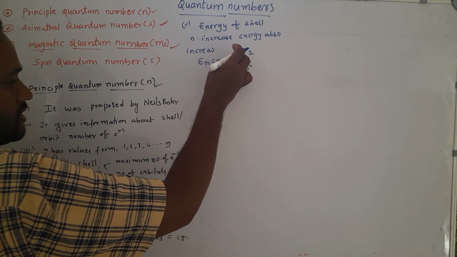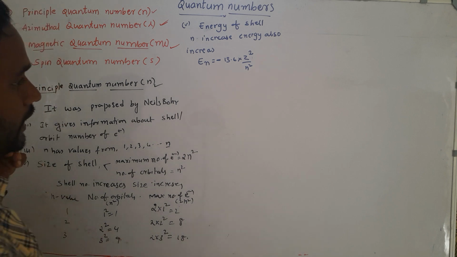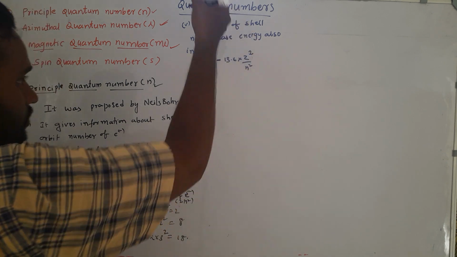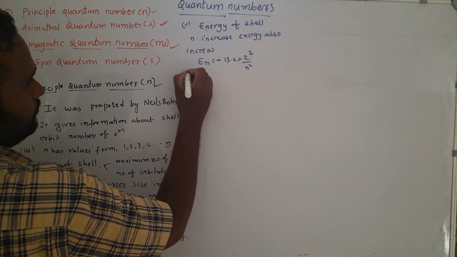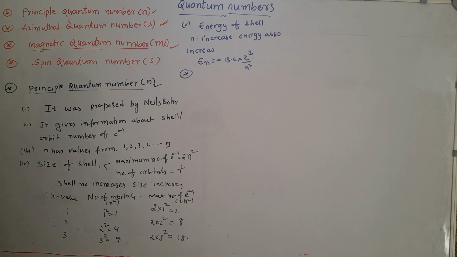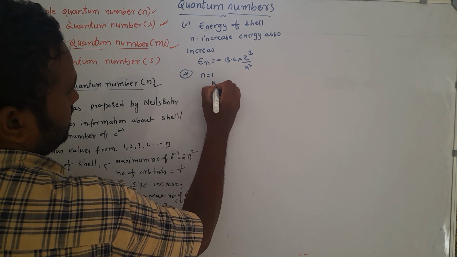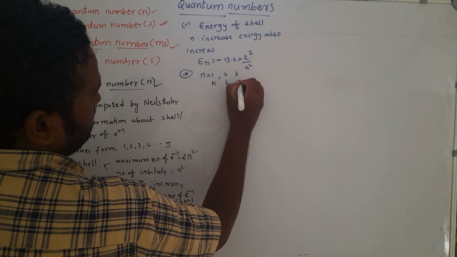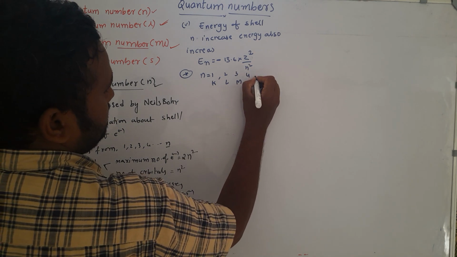So as n value increases, this negative value decreases, which means the energy increases. We already know n equal to 1 means first shell, that is K shell, n equal to 2 means L shell, n equal to 3 means M shell, n equal to 4 means N shell, and so on.